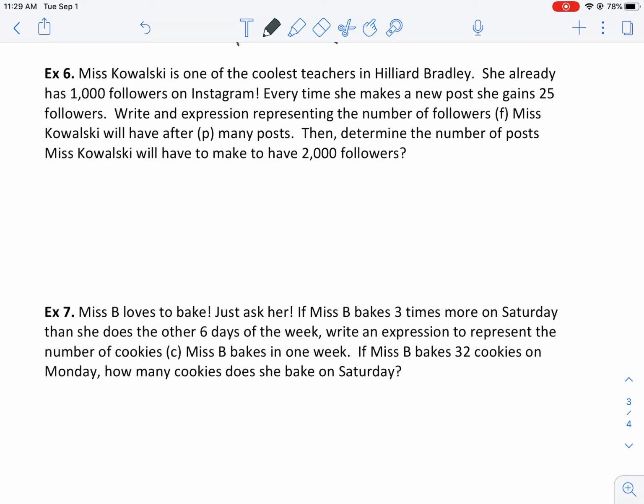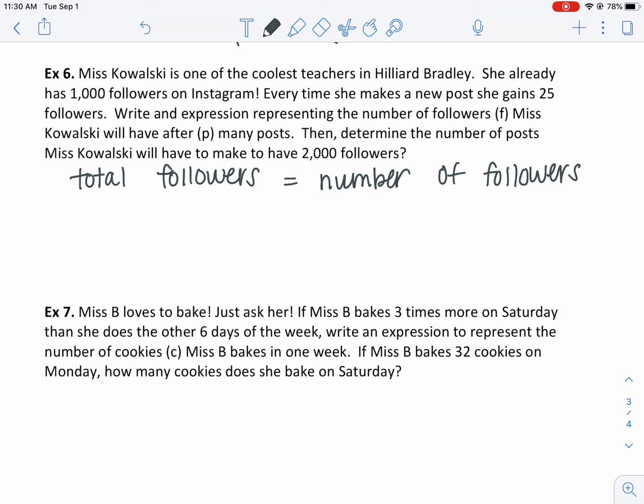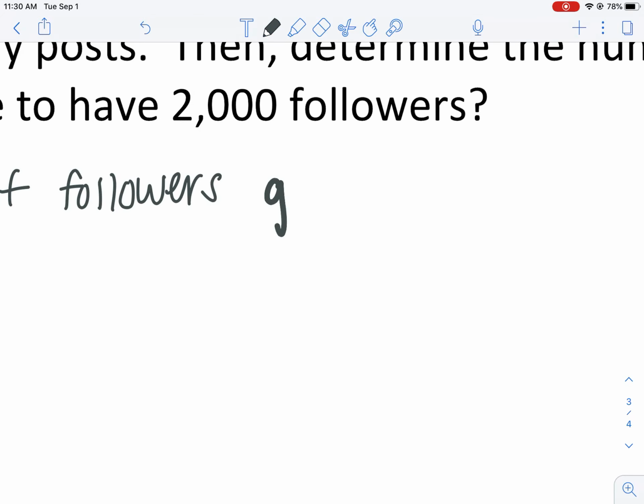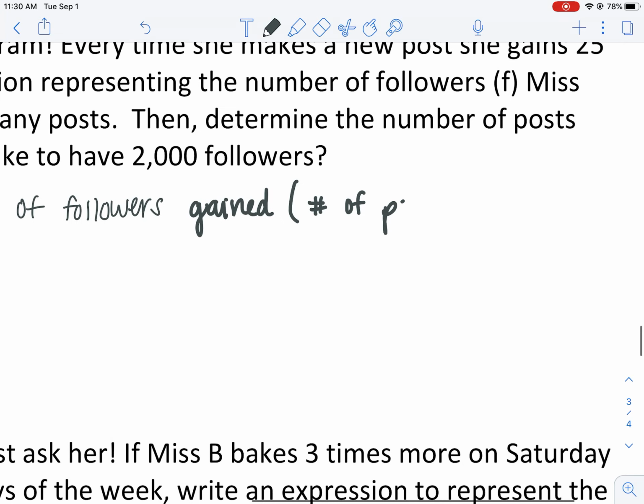Okay, so once again, we've got total followers is equal to number of followers gained times the number of posts plus starting followers.